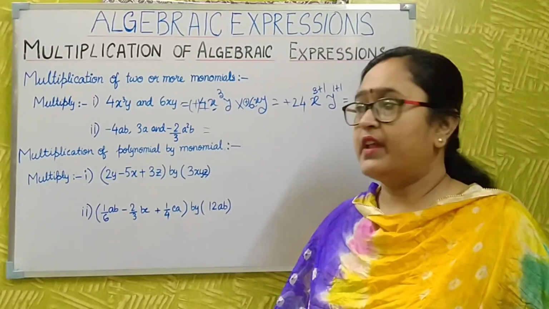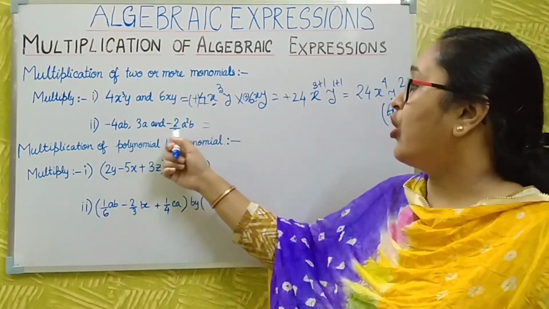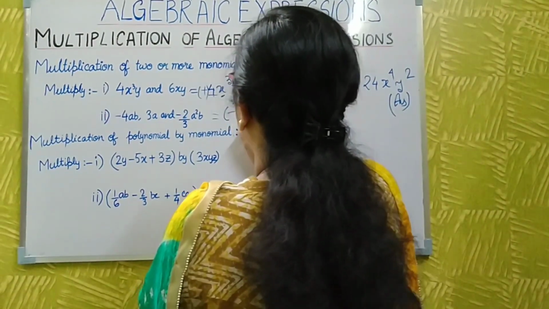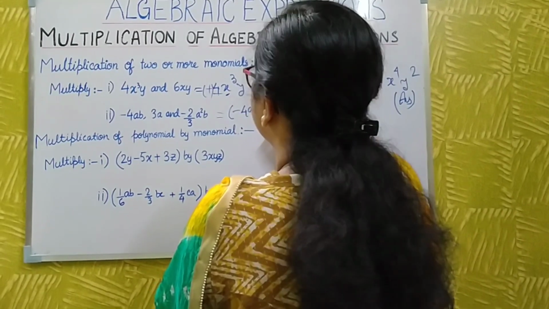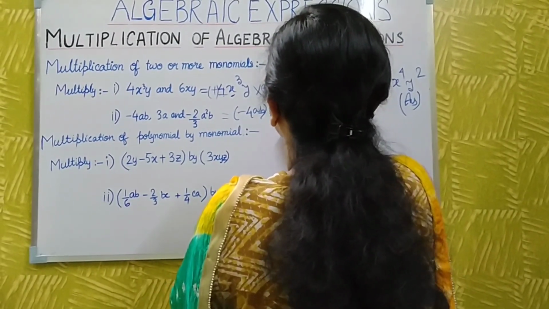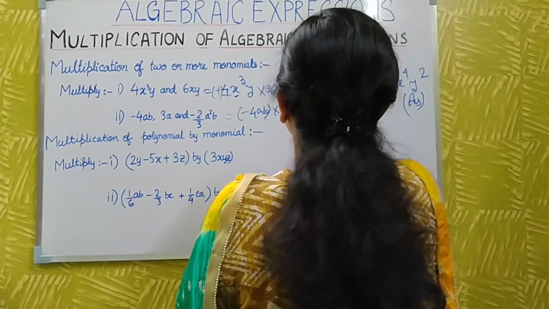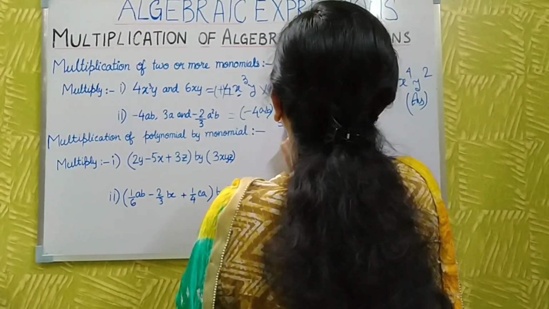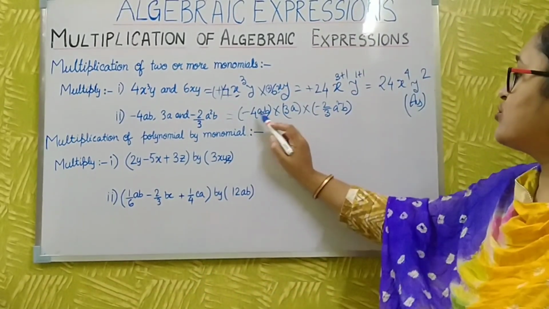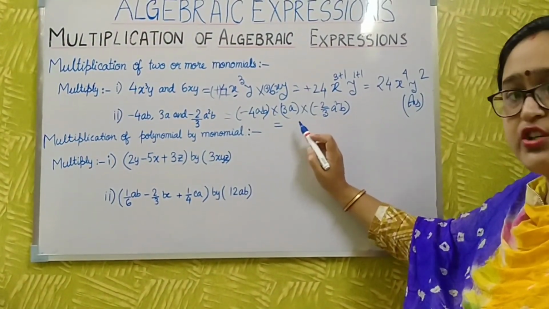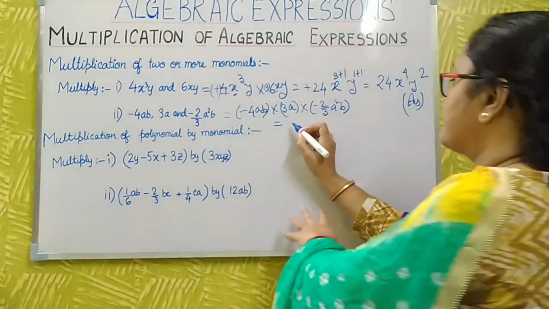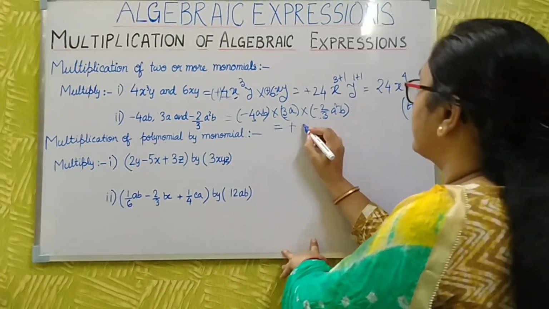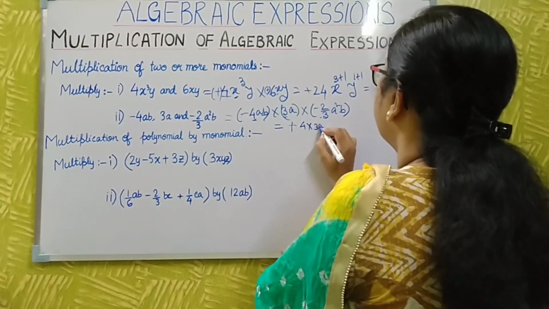Now I start the multiplication of three monomials. First you write like this: minus 4ab into 3a into minus 2 by 3 a square b. Then you multiply. First you do the multiplication of signs. I already told you, minus minus is plus, all of you know. Then you do the multiplication of constant terms, 4 into 3.